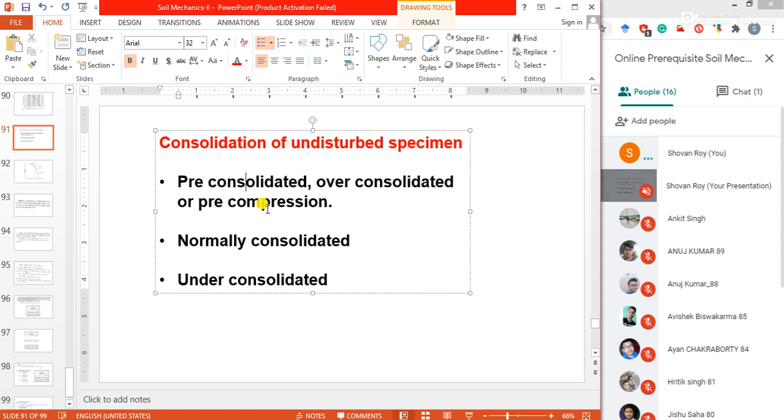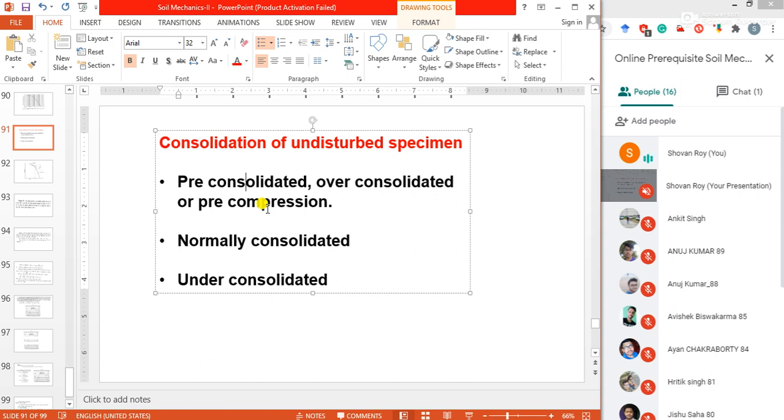Such a load which was already applied but no longer exists on the soil, that type of situation is called the pre-consolidated condition of the soil. Clay normally faces such a condition.